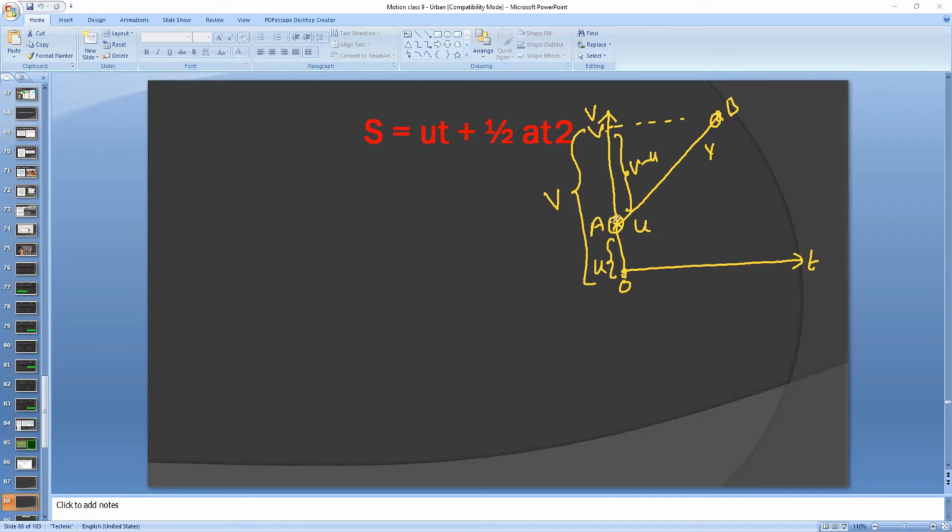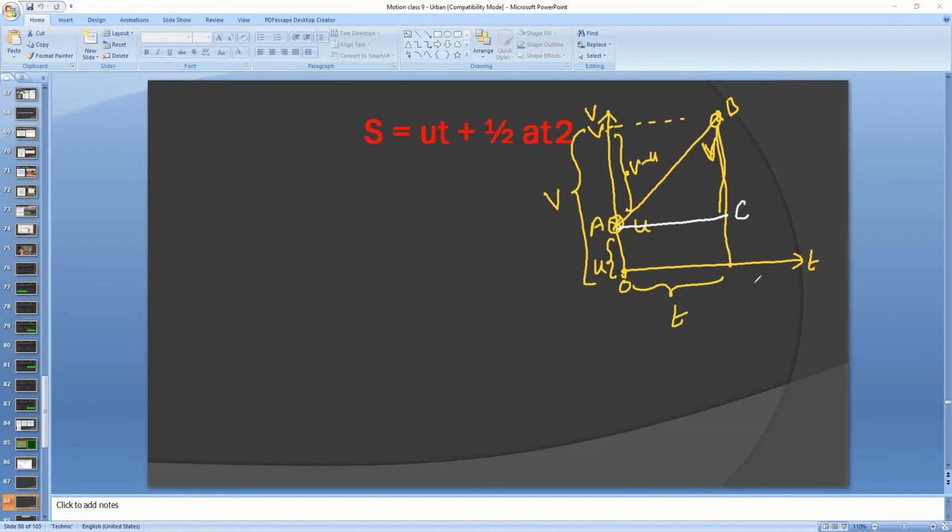An object started at point A with initial velocity u and reached point B with final velocity v in time t. This is time t on the time axis. Now we can cut the line.